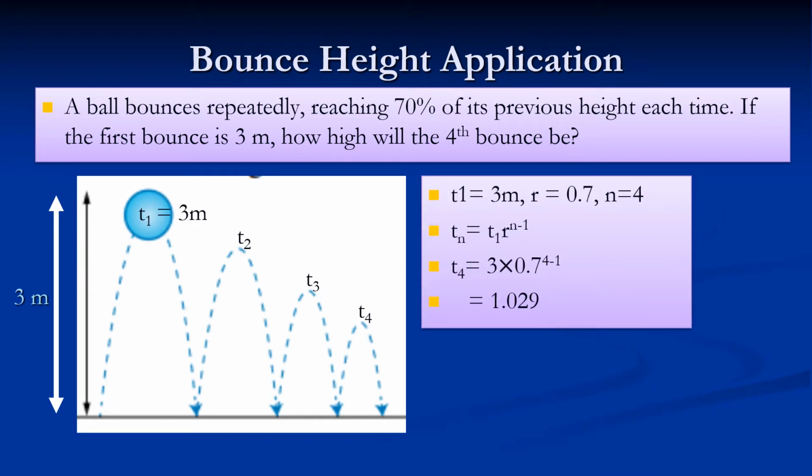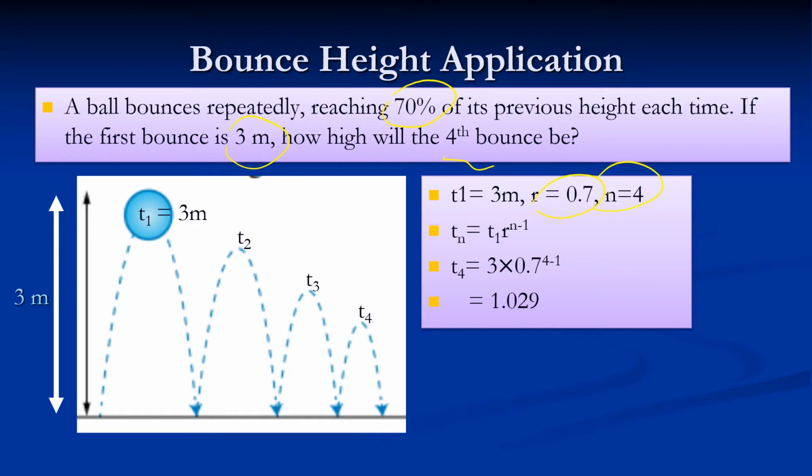So all we need to do now is just identify and apply. So we know term 1. Where's our term 1? Here it is. We know our ratio, 70%, so 0.7, and the term number is going to be 4. So all we're going to do is substitute into our geometric sequence formula.